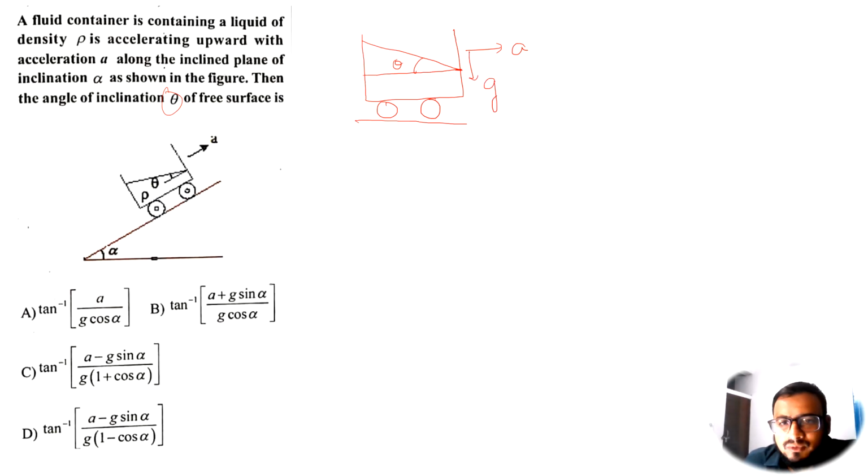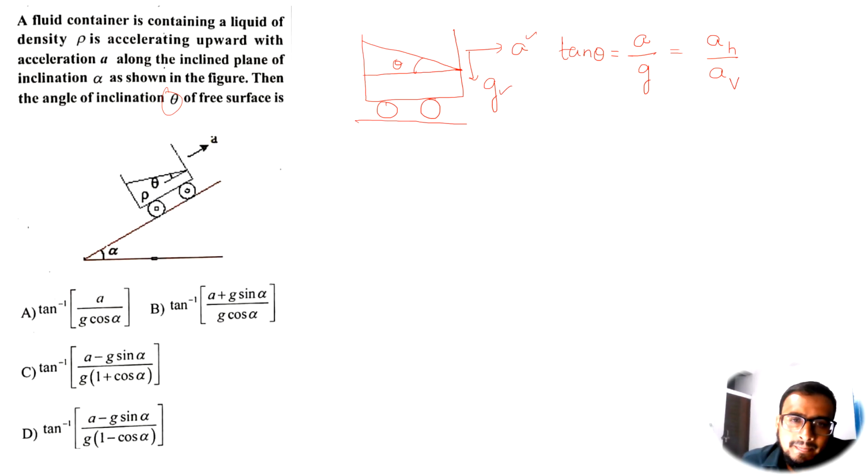We have a small derivation for this, that tan theta will be equal to the horizontal acceleration by the vertical acceleration. So we apply the same strategy over here, but for the inclined plane we need to find out the horizontal and vertical components of acceleration. The same thing we apply over here.